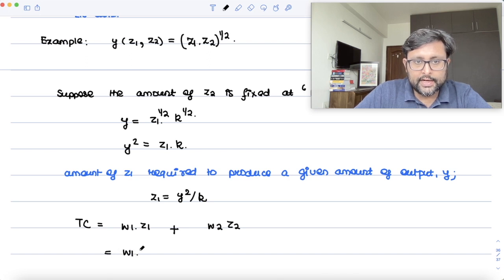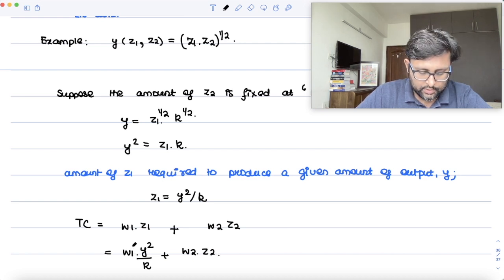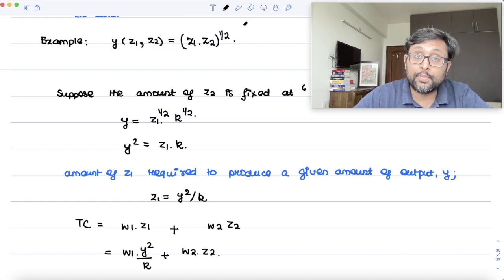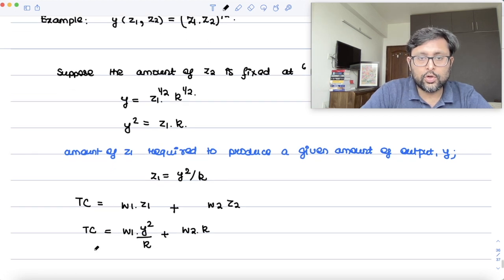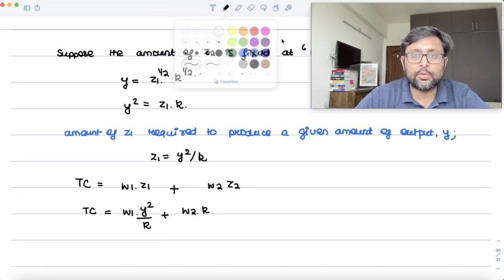In place of Z1, I can write this Y square by K. And in place of Z2, I can just write this guy, K. That is what my cost function is.